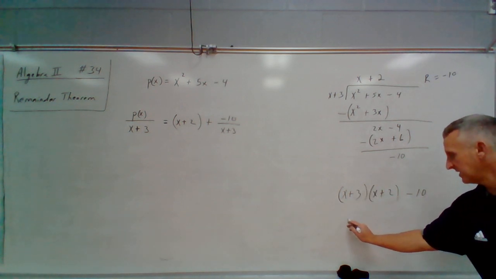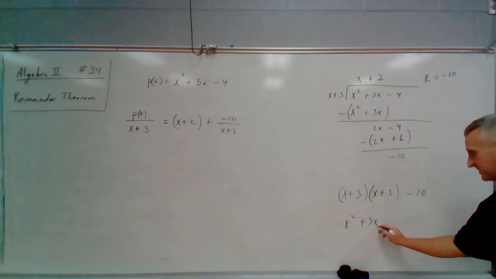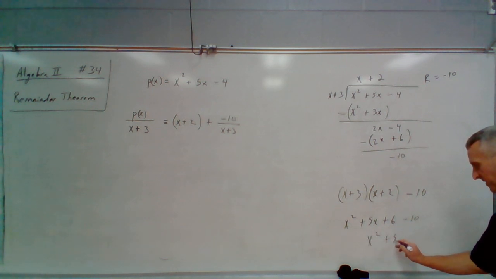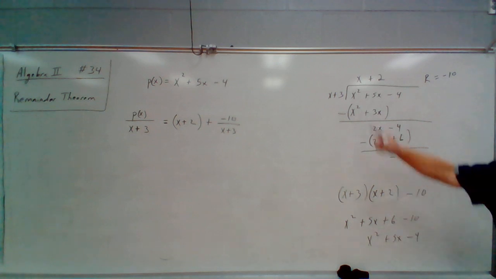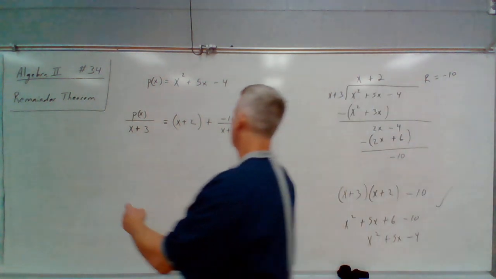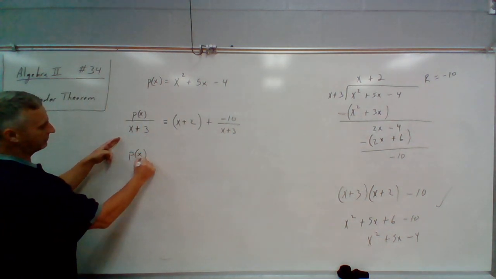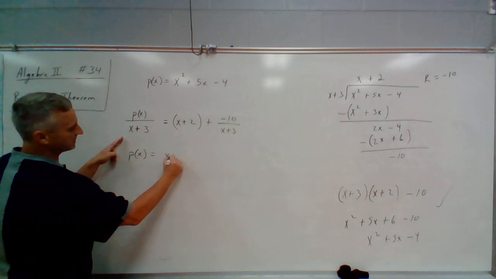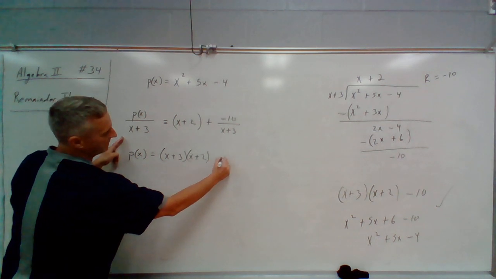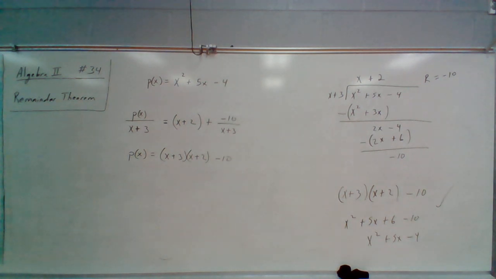So let's check it out. So I get x squared plus 2x plus 3x, that's plus 5x plus 6 minus 10. And I get x squared plus 5x minus 4, which is actually what we started with. So we know we got that right. Alright, so I can multiply both sides of this by x plus 3. And I get my original polynomial should equal x plus 3 times x plus 2 minus 10. Which is exactly what we just checked right here. We just saw that was really true.